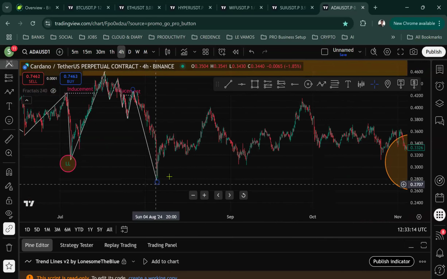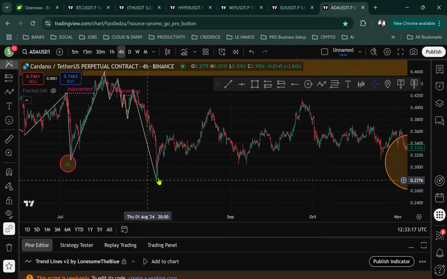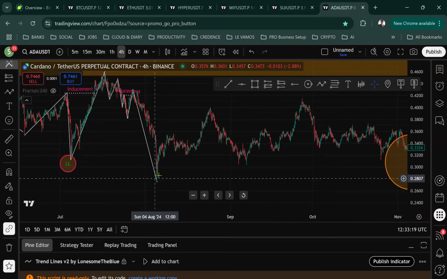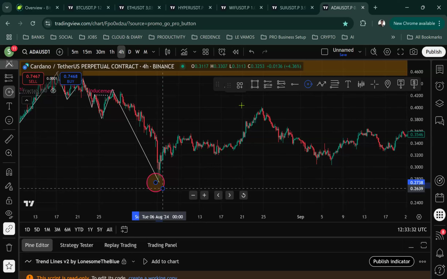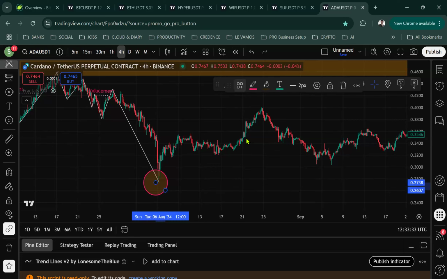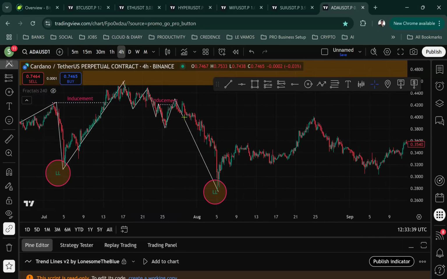So should I say this is the lower low? Because if I want to say this is a lower low, there should be an inducement, you know. So I should say this is also a lower low because there is an inducement here.